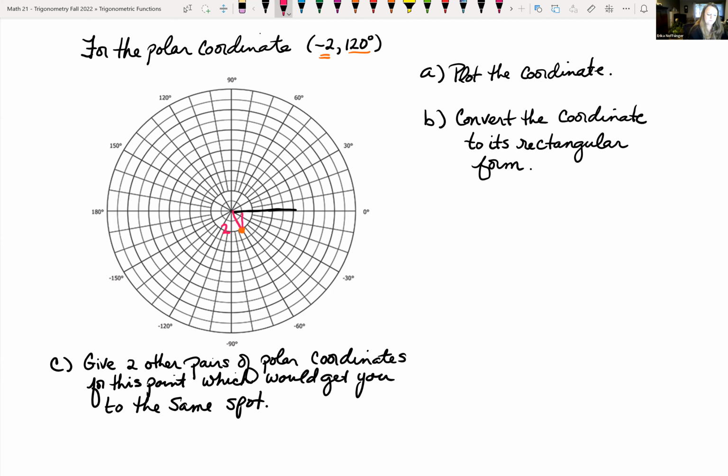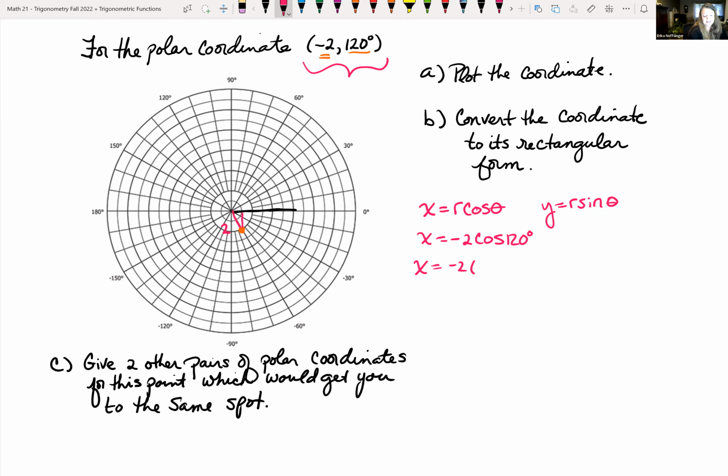Or we can use the formulas we got from the triangle: x is equal to r cosine theta, and y is equal to r sine theta. If we use these formulas, we can just plug in the polar coordinates they gave us. Our r value is -2, cosine of 120 degrees. So x is equal to -2 cosine of 120 degrees.